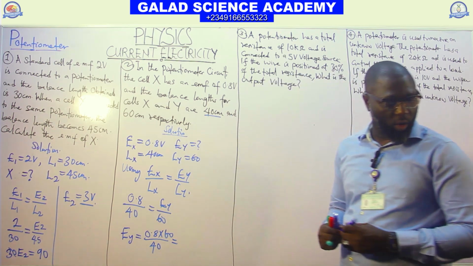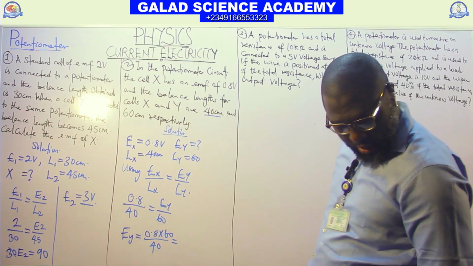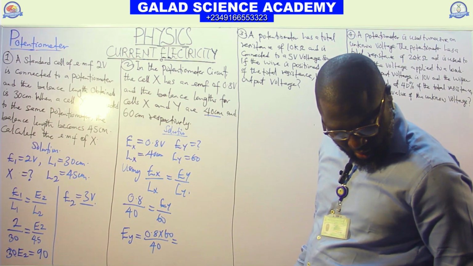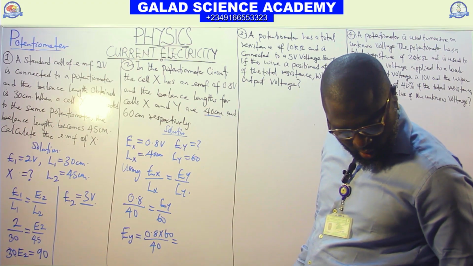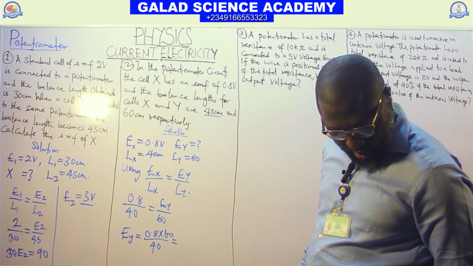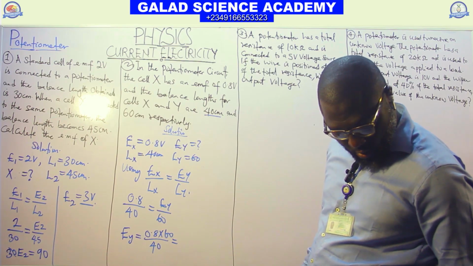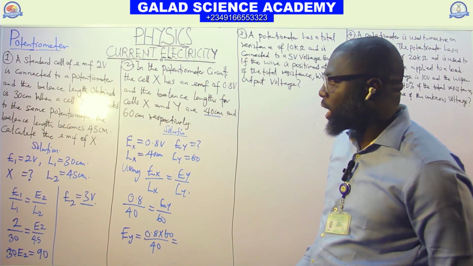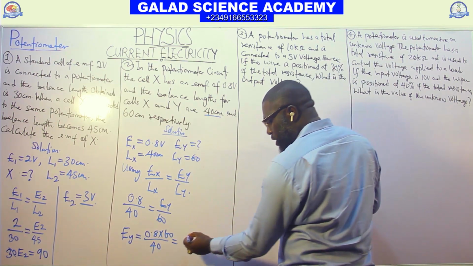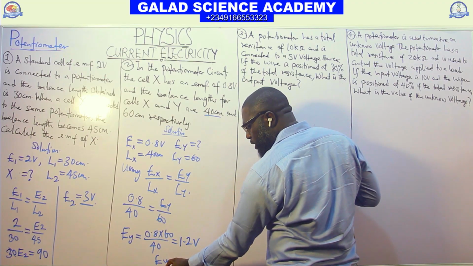If I press the calculator, 0.8 multiplied by 60 divided by 40, the answer is 1.2 volts. That is EY.